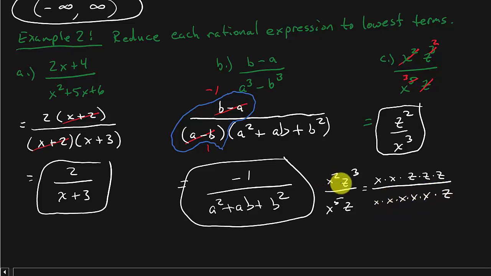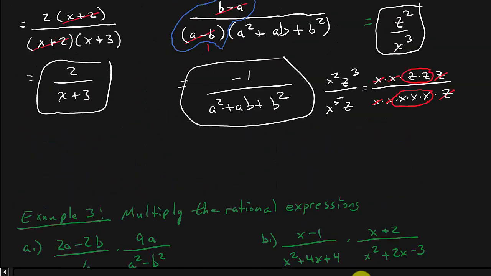Okay, so remember x squared is just x times x, z cubed is z times z times z, x to the 5th is this, and then the z. So basically all that's going on is, see how this z is canceling, and then this x and this x, this x and this x, and see here you're left with what? z squared, and here you're left with x cubed. That's how that works out. But I mean, you're not going to write all those out. You're just going to subtract the exponents when you cancel.